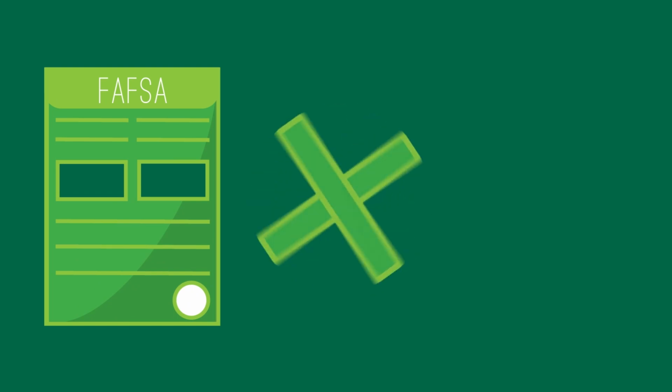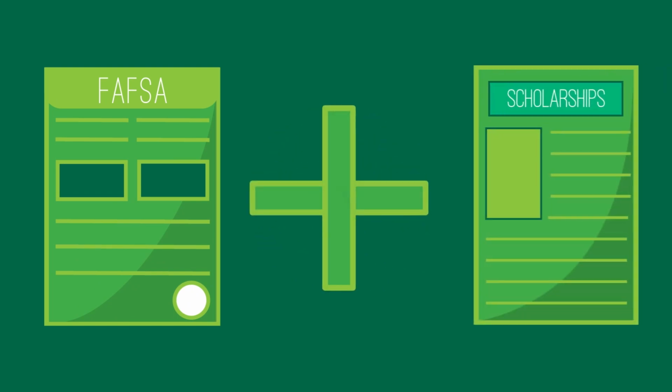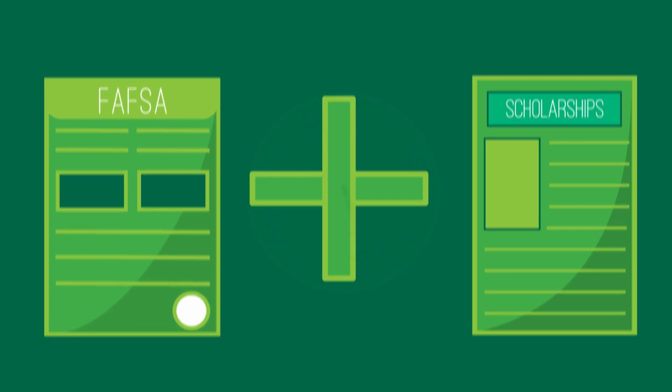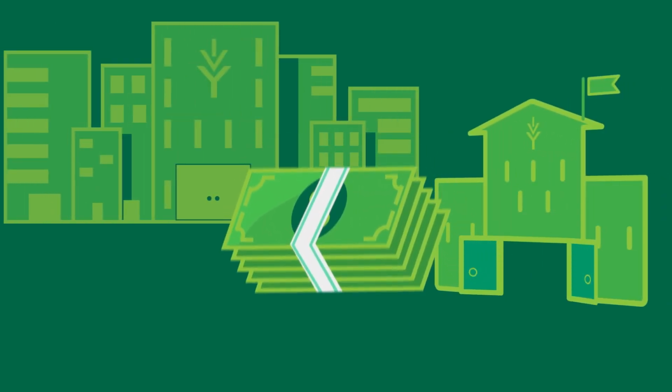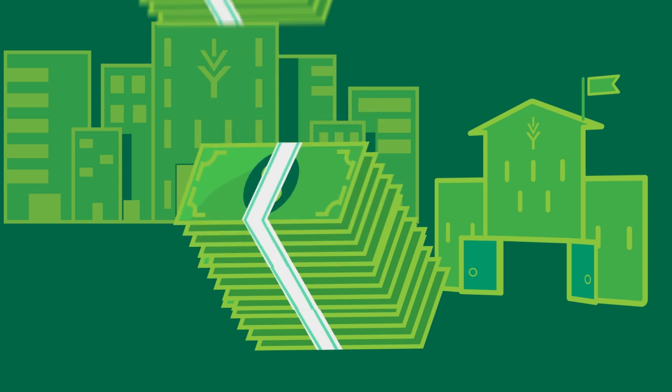In addition to completing the FAFSA, students are encouraged to submit the Ivy Tech scholarship application as soon as possible to be considered for additional funding. Ivy Tech offers hundreds of scholarships worth over $7 million.